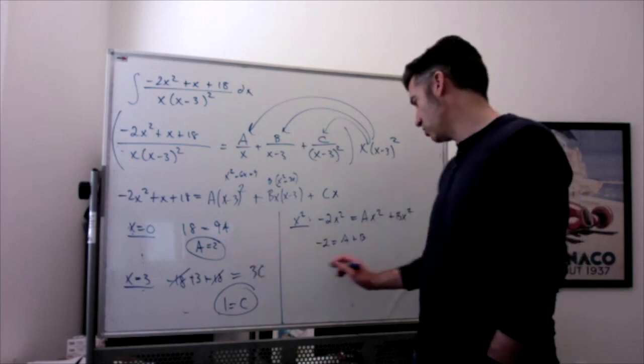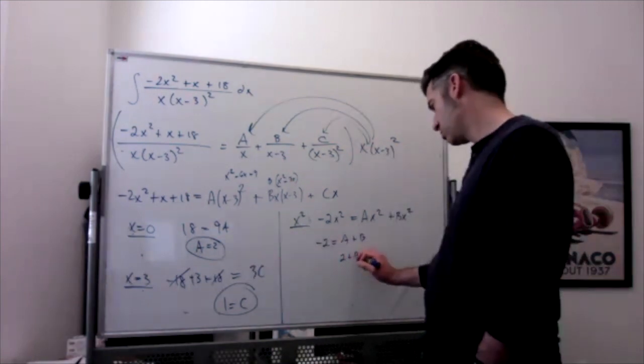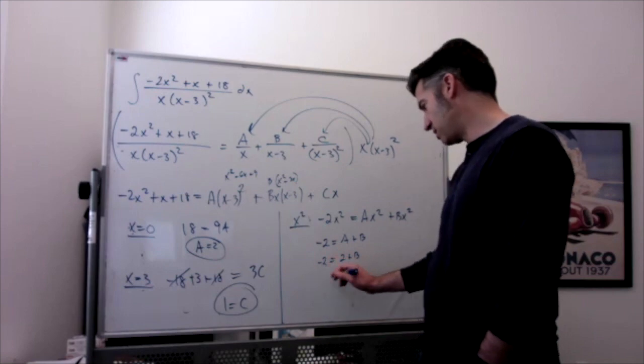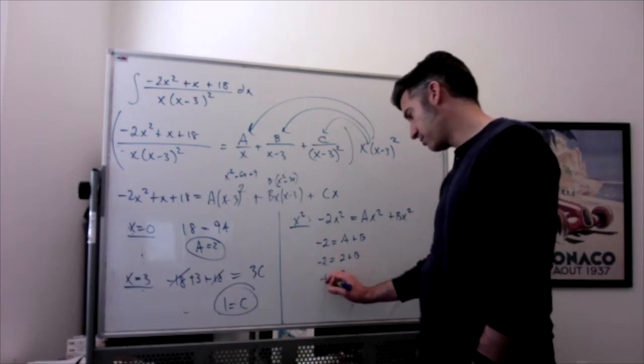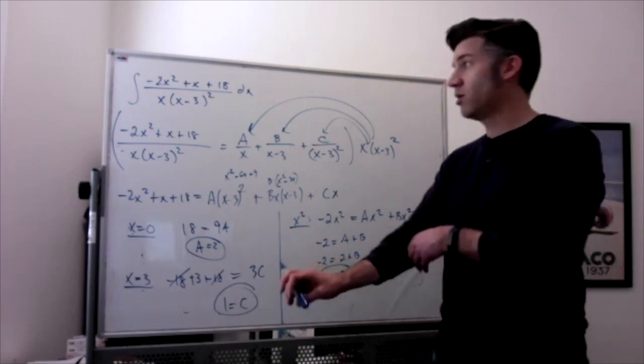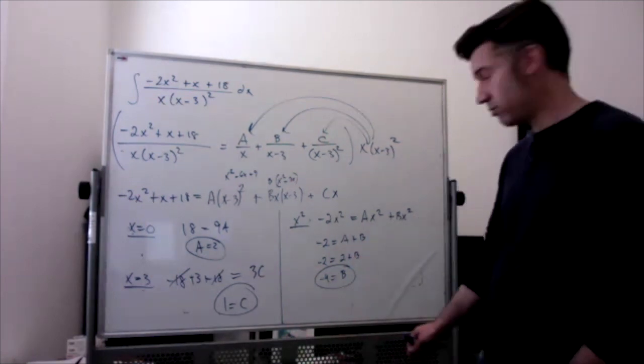Since a is 2, b is going to be negative 4. Great. Now we can do our integral.